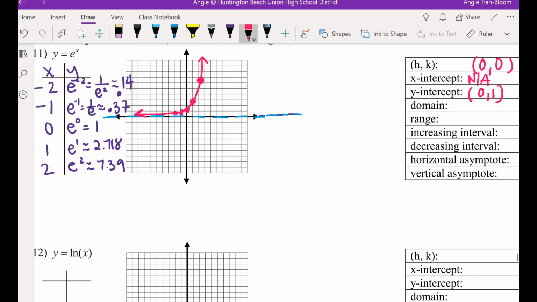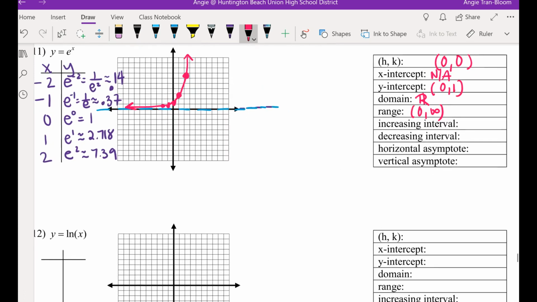What's your domain for all exponential functions? All reals. What's the range for this exponential function? 0 to infinity. Can I write y is bigger than 0? Yeah. Is this an increasing or decreasing function? Increasing from where to where? Negative infinity to positive infinity.